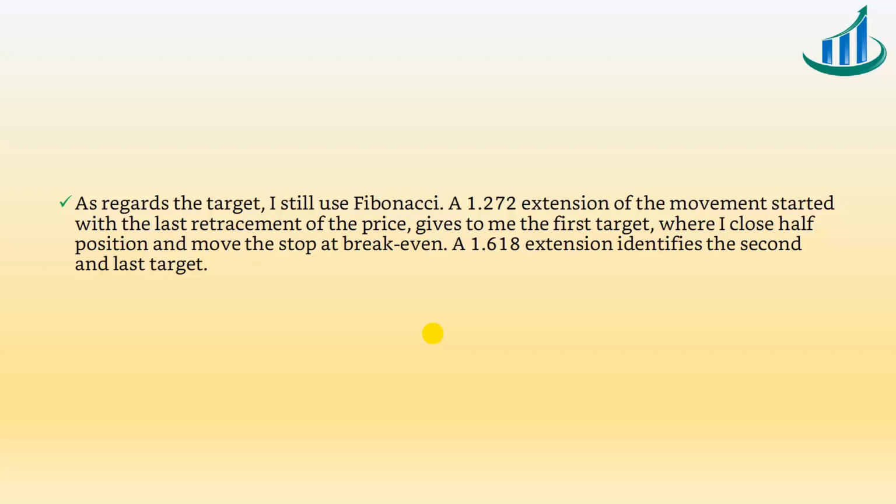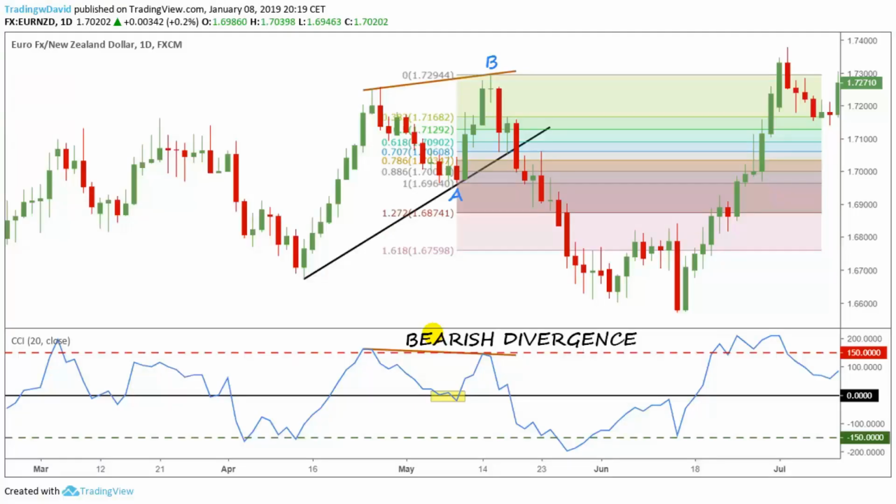A 1.618 extension identifies the second and the last target. You can see the calculation on the Euro New Zealand dollar daily chart with the 1.272 Fibonacci extension as my first target and 1.618 Fibonacci extension as my final target.